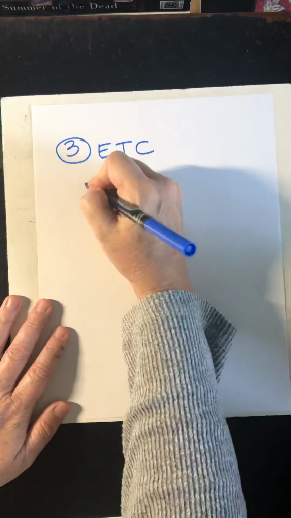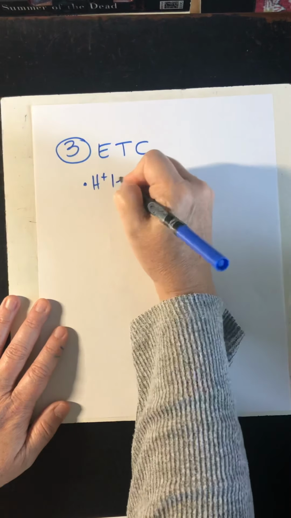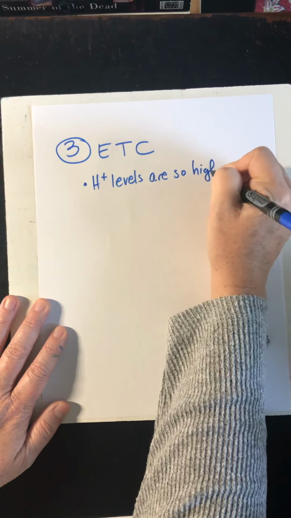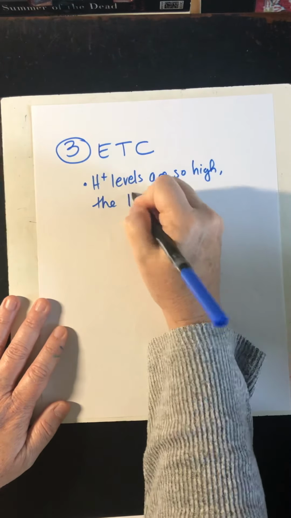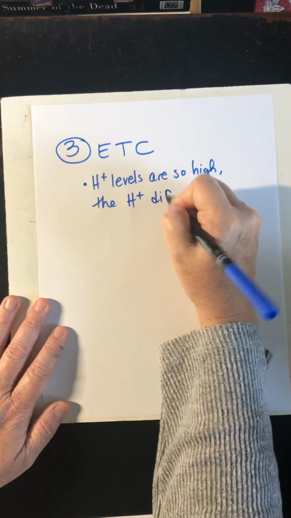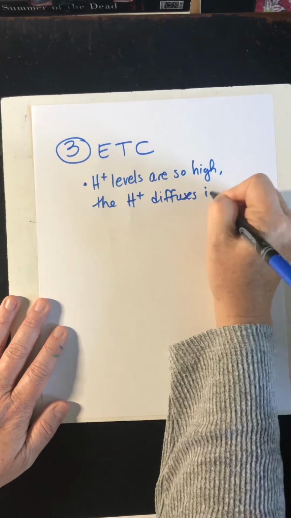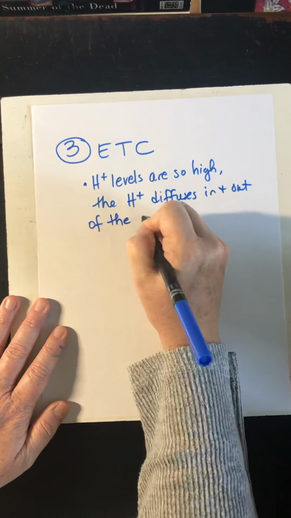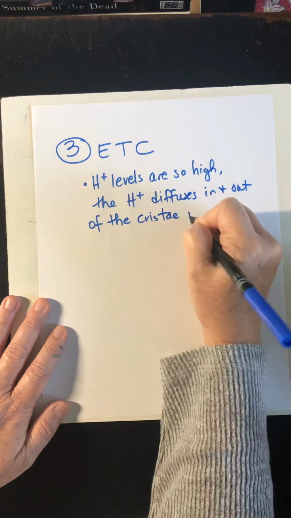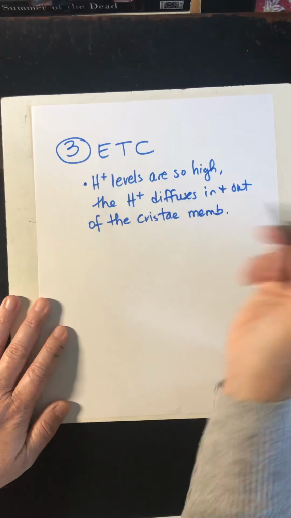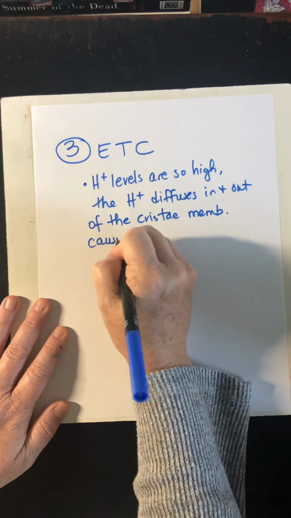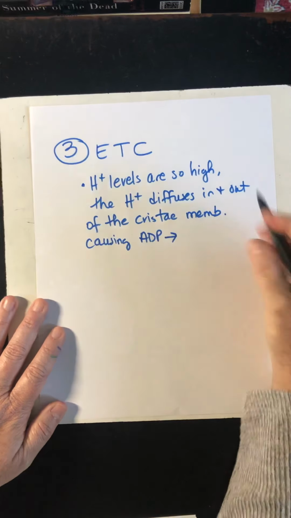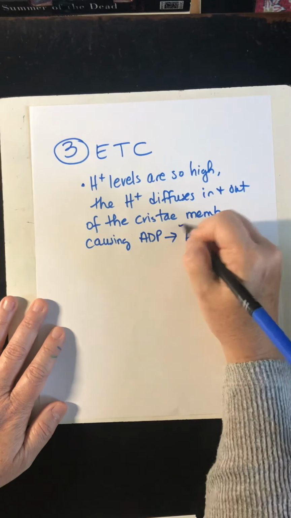And what happens here is hydrogen levels are so high that hydrogen diffuses in and out of the cristae membrane, and then causing ADP to get energized into ATP.